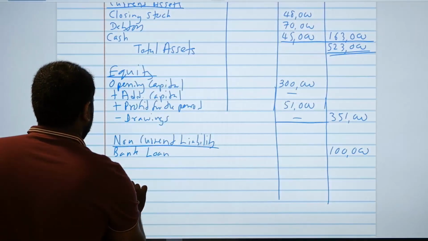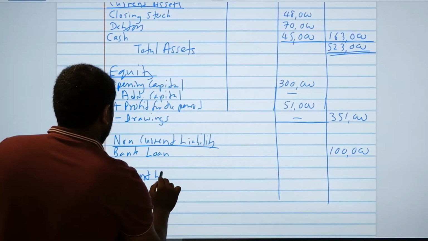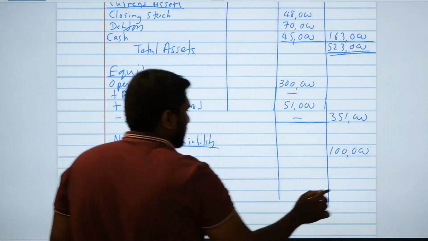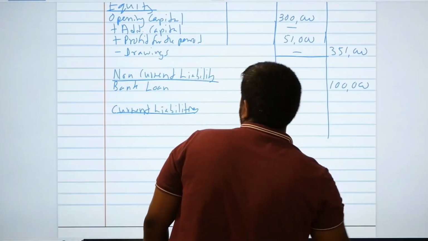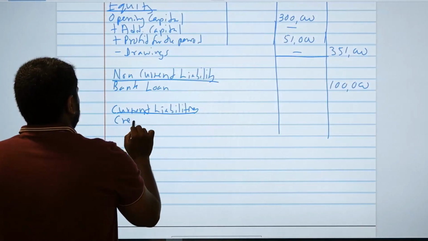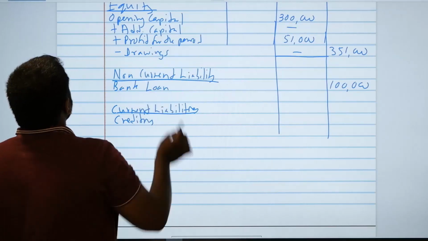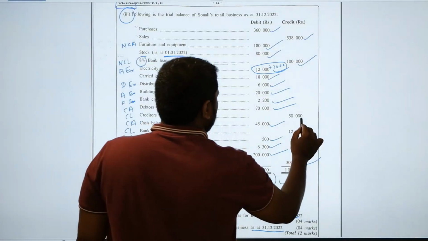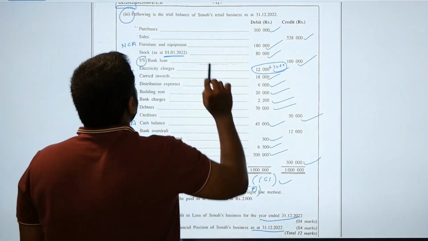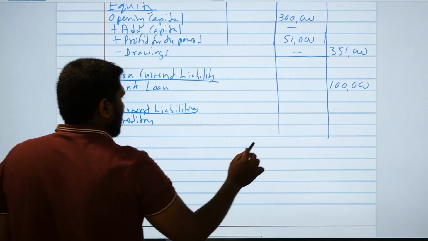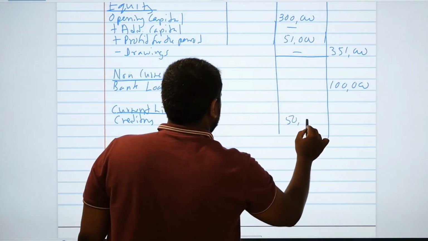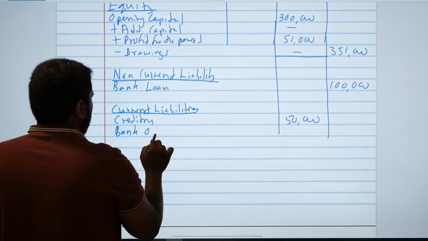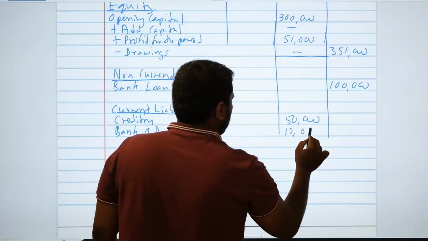Then we have the current liabilities. Creditors. How much is the creditors? 50,000. Then we have bank overdraft 12,000.